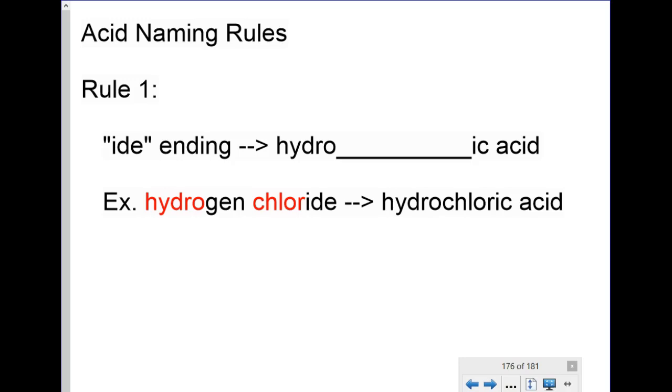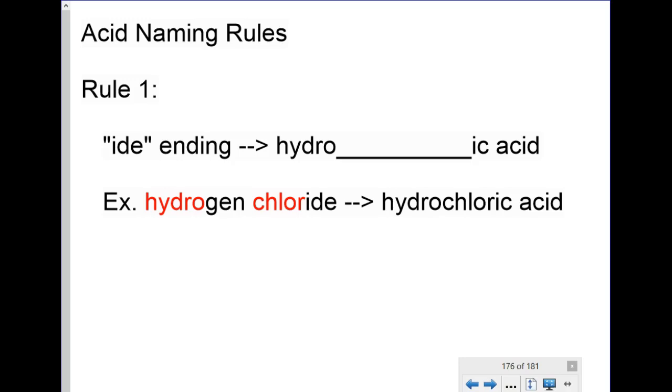There's 3 rules, and it's all about what the original name ends with. If the original name ends with IDE, we take the root word of the non-metal and we put it in the blank right here. You used hydrochloric acid yesterday.